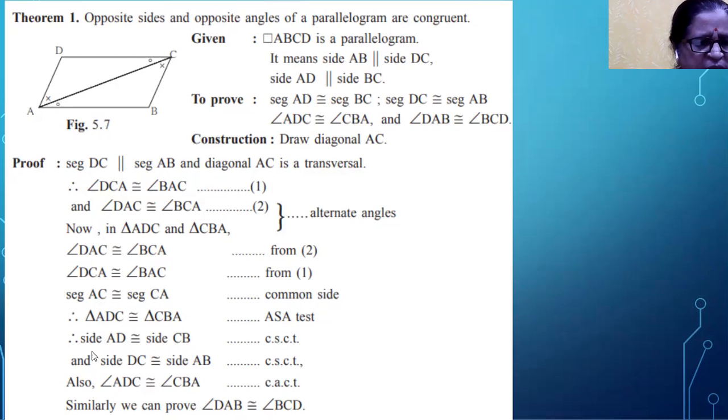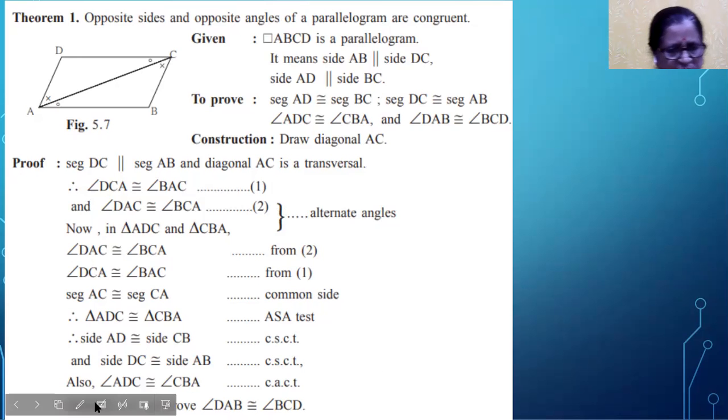So side AD is congruent to side CB, side DC is congruent to side AB, and angle ADC is congruent to angle CBA, by corresponding parts of congruent triangles. Similarly angle DAB is congruent to angle BCD.